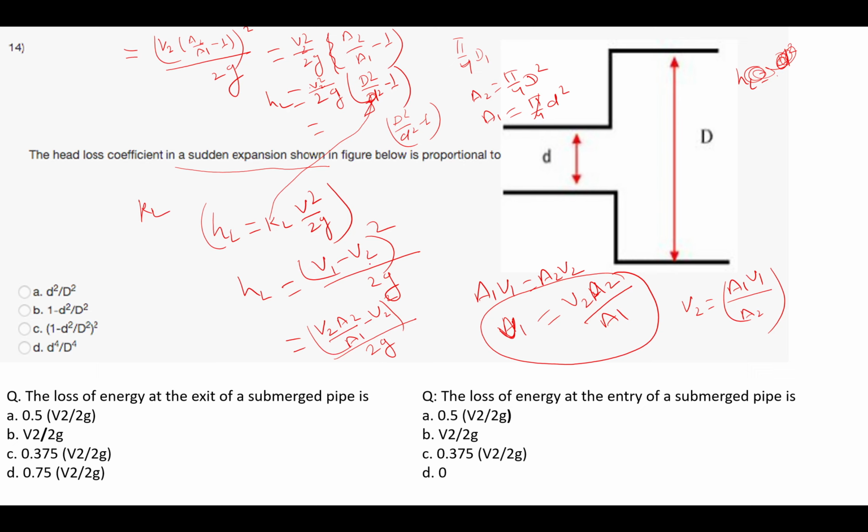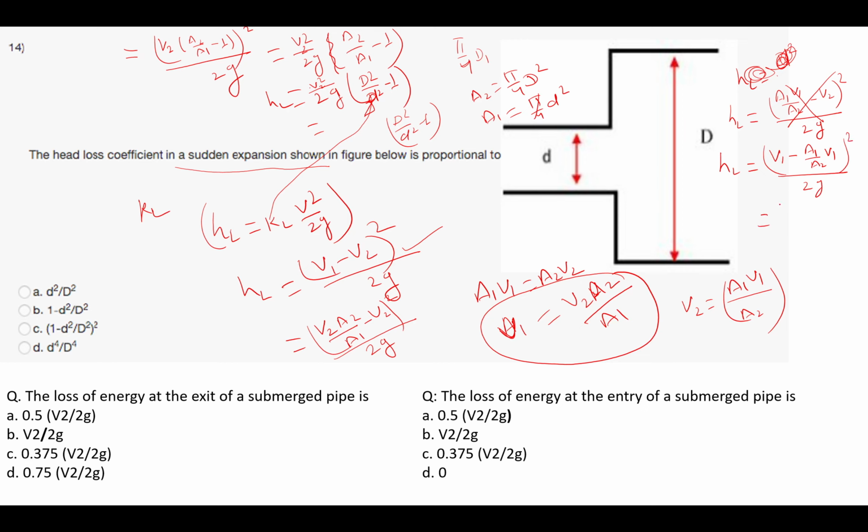Put this in the equation: (V1 minus A1 V1 by A2) whole square divided by 2g.